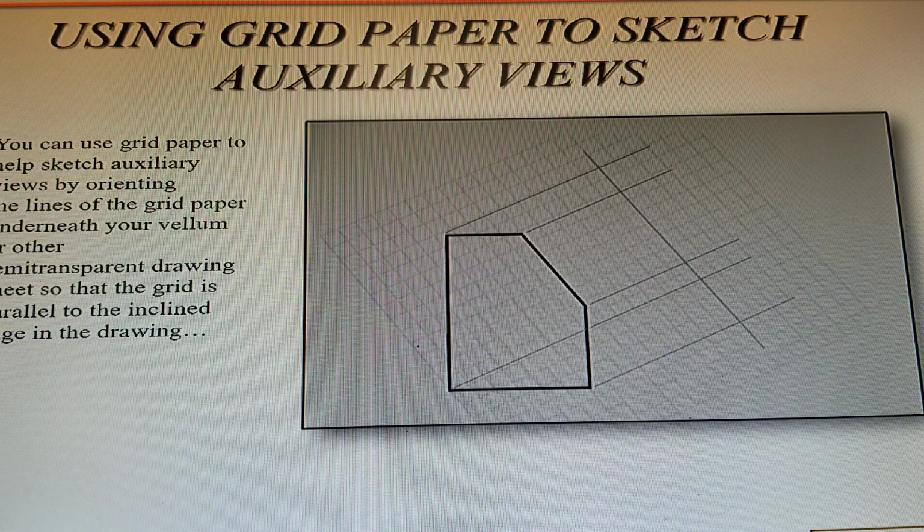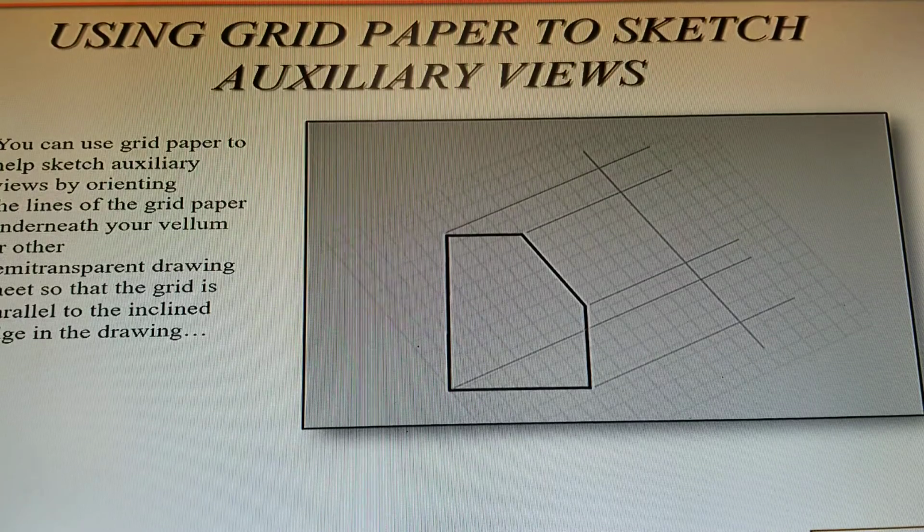In this case, once you draw your basic shape on your tracing paper or vellum, if you have grid paper underneath, you can turn it so you see the grid lines that line up with where your auxiliary view is going to be. The sort of old school.